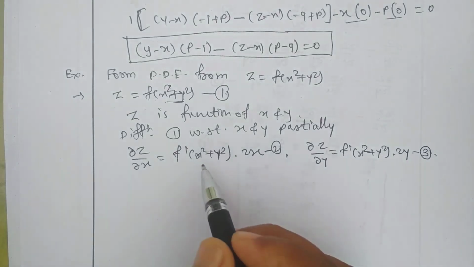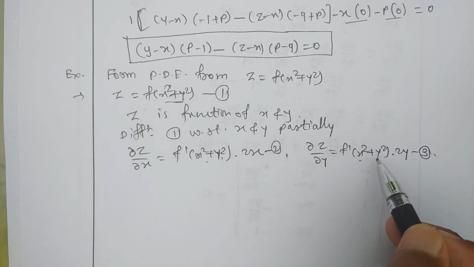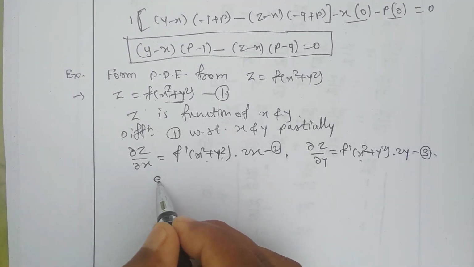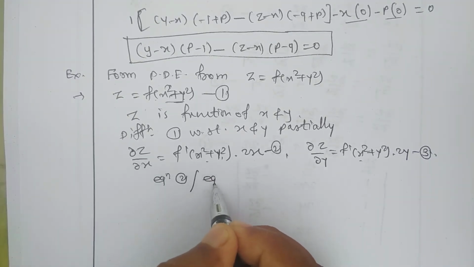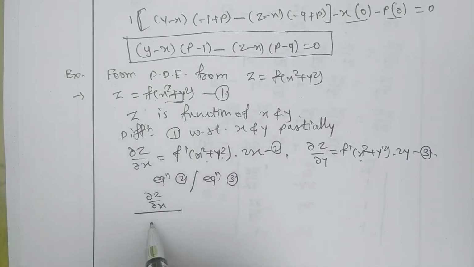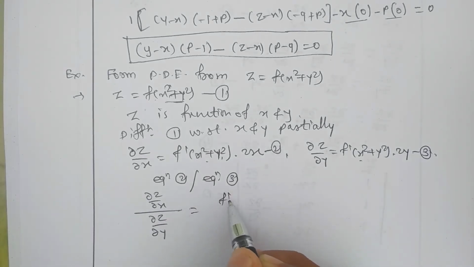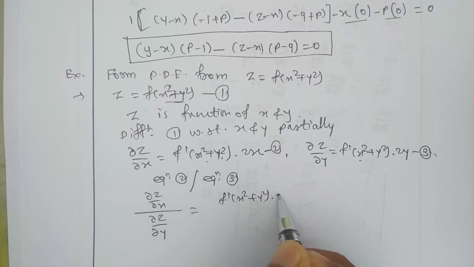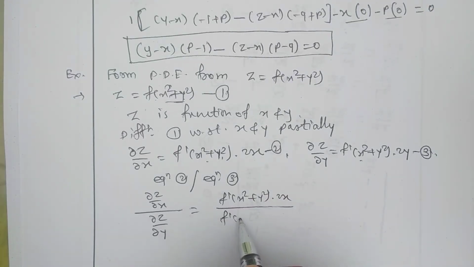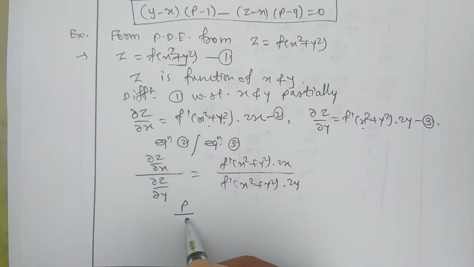Now see, equation number 2 contains f dash of (x square plus y square). Equation number 3 also contains f dash of (x square plus y square). If you divide equation 2 by equation 3, see what happens. ∂z/∂x upon ∂z/∂y equals f dash of (x square plus y square) into 2x upon f dash of (x square plus y square) into 2y. ∂z/∂x is nothing but p and ∂z/∂y is nothing but q.